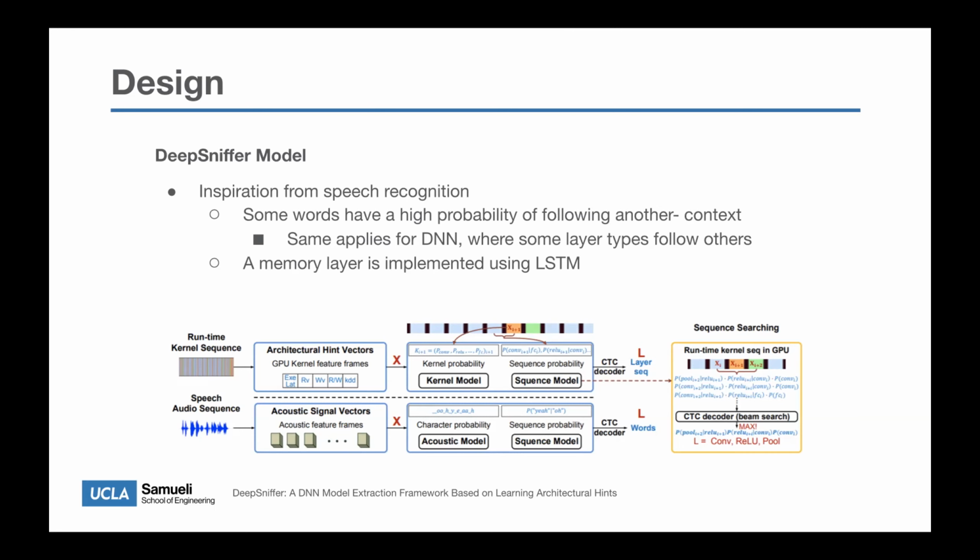Then they feed them into their model, which uses them to predict the layers. It also uses context to make sure that the layers it's extracting make sense. After that, it goes through a decoder to figure out exactly what kind of layer it is.